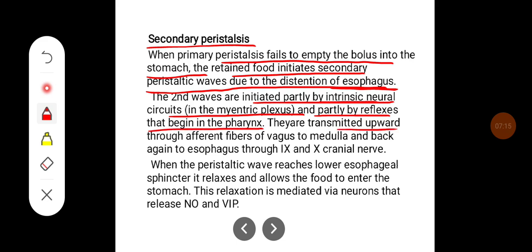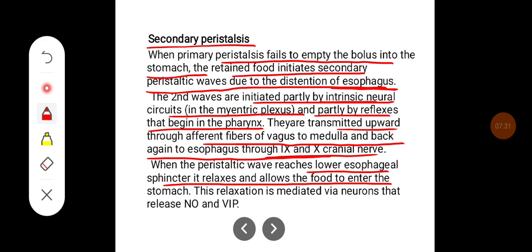They are transmitted upward through afferent fibers of the vagus to the medulla, and back again to the esophagus through the 9th and 10th cranial nerves. When the peristaltic wave reaches the lower esophageal sphincter, it relaxes and allows the food to enter the stomach. And this relaxation is mediated via neurons that release nitric oxide and VIP.